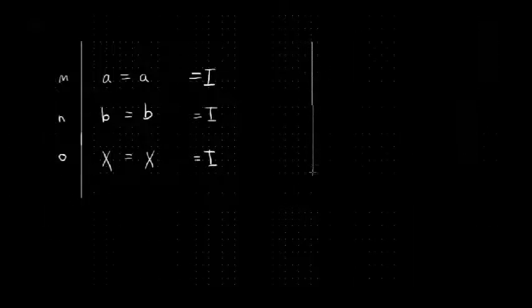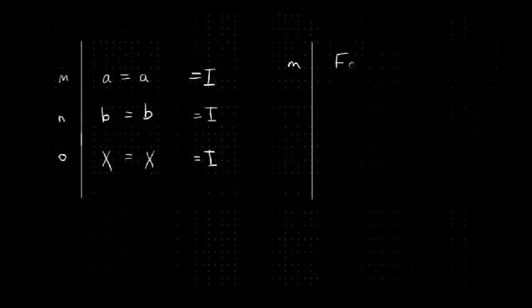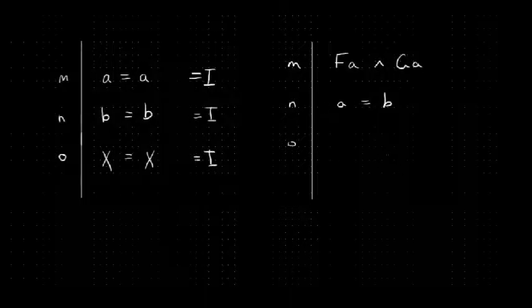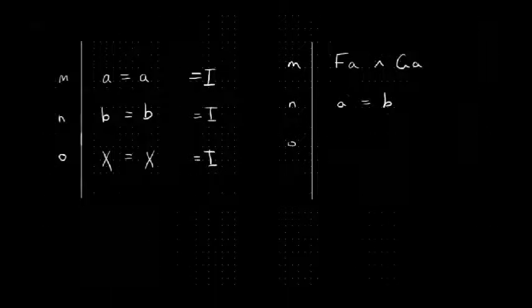For elimination, again, very simple. Suppose that we have the following formula. If we have, let's say, FA and GA, and we know that A equals B, then on any line below that, we can swap out one or all of the constants mentioned there.